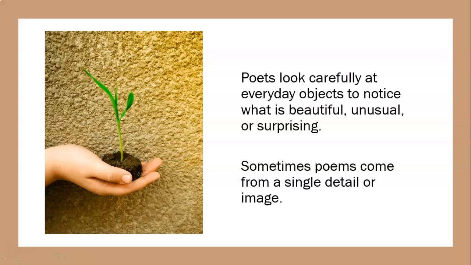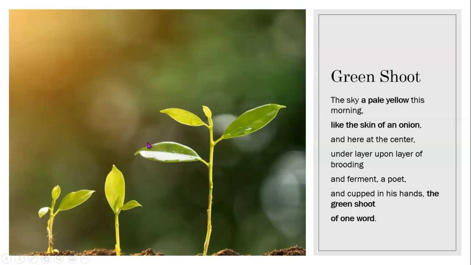Poets look carefully at everyday objects to notice what's beautiful, what's unusual, or what's surprising. In the poem Green Shoot, the poet describes the sky as pale yellow, like the skin of an onion. Have you ever heard of a sky being yellow? Maybe at like dawn, right?